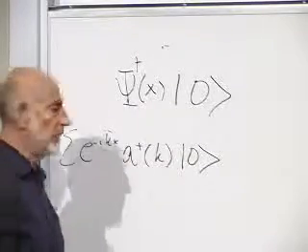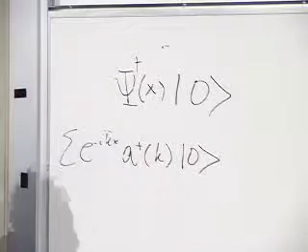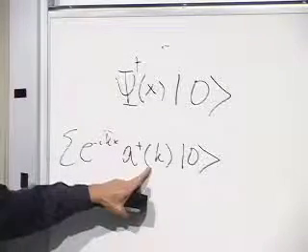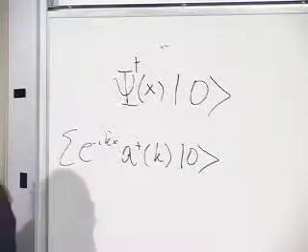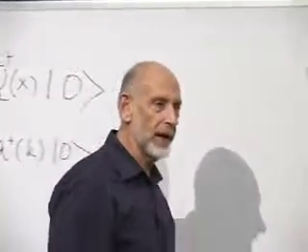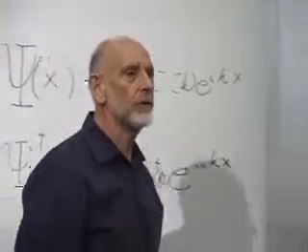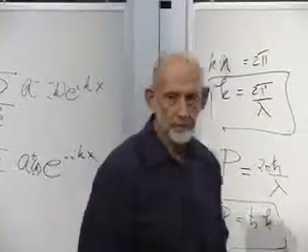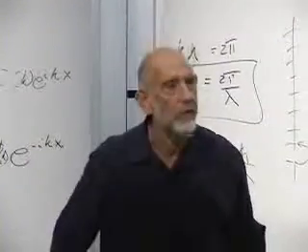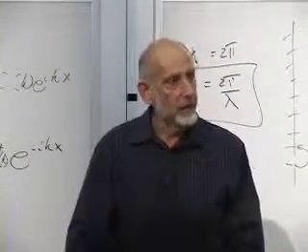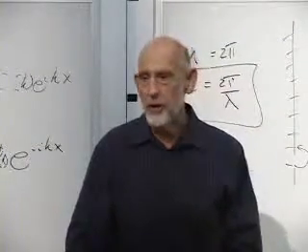What happens if I superpose one-particle states with momentum k with a set of coefficients e to the minus ikx? Does anybody remember from quantum mechanics what happens if you superpose or add up state vectors corresponding to a particle of momentum k, with coefficients e to the minus ikx?